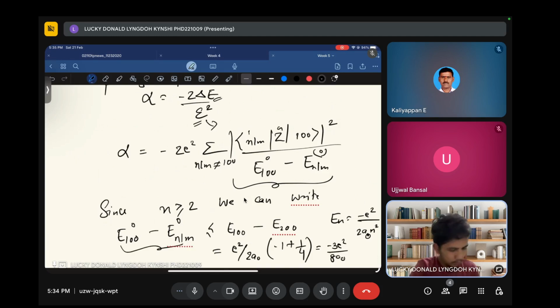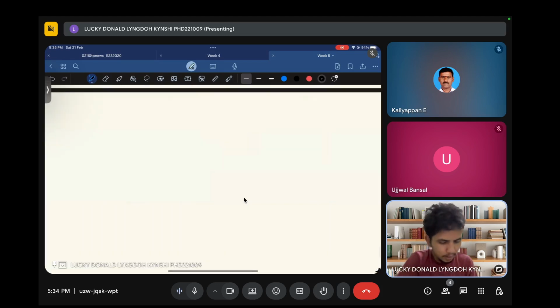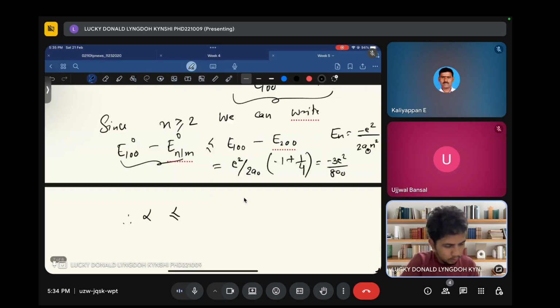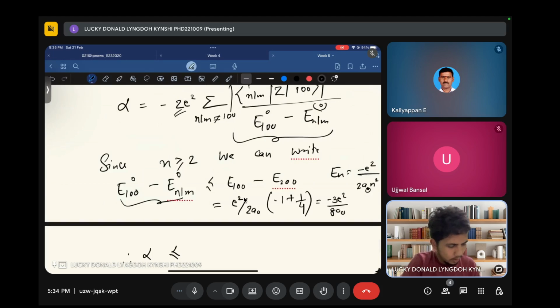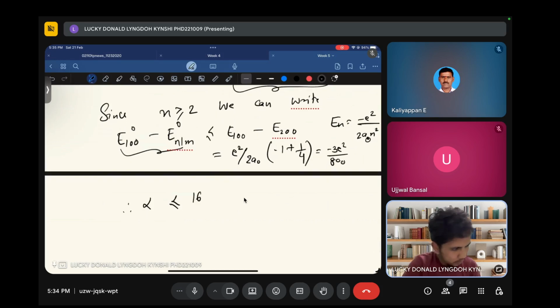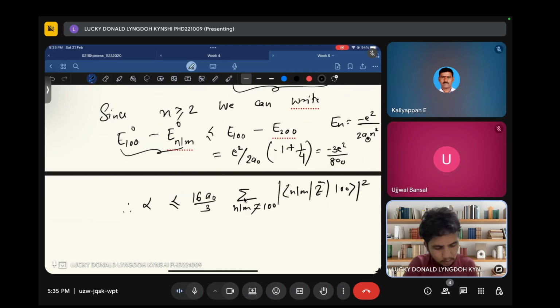That means what I can say is that alpha is less or equal to, so these two here and these three here will get multiplied, and you'll get 16 a naught by 3 times the summation over NLM not equal to 100 of NLM z cap 100, because your denominator is less than 3e square by 8a naught.